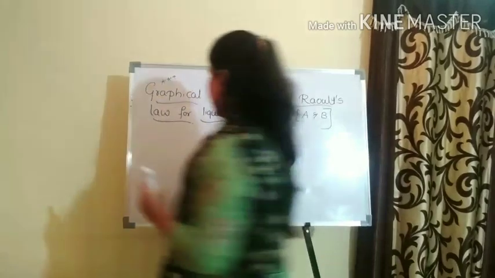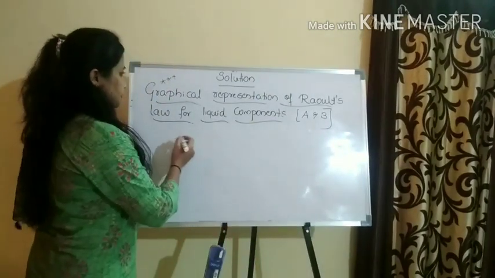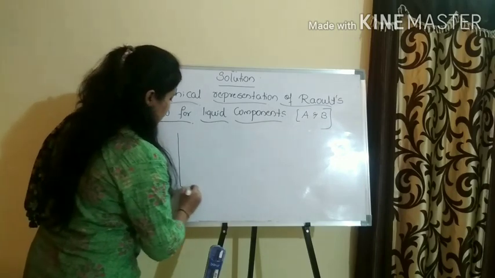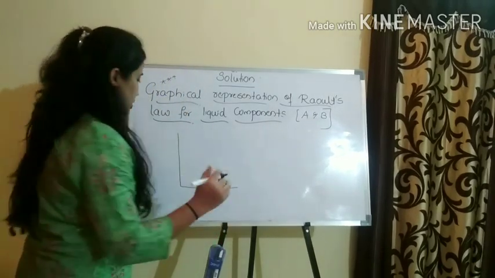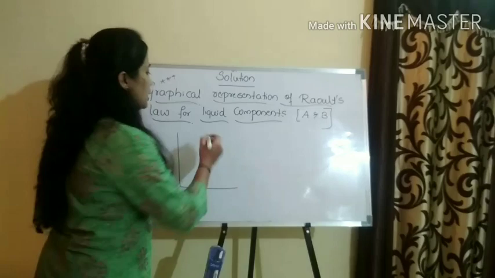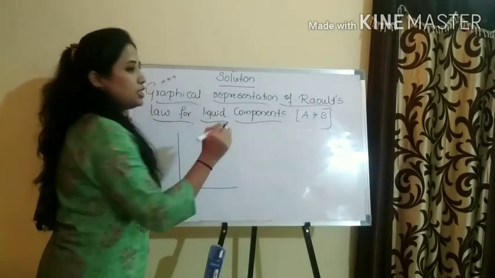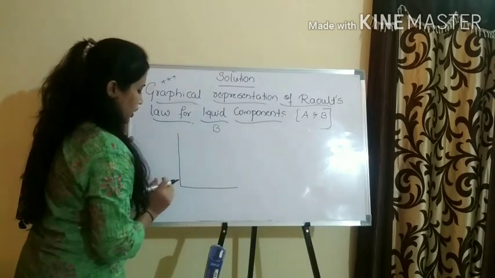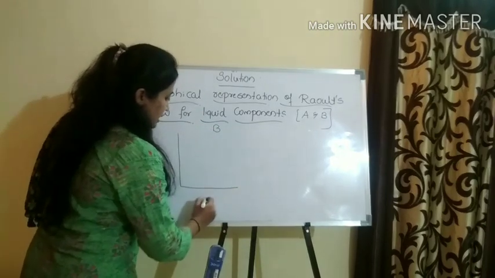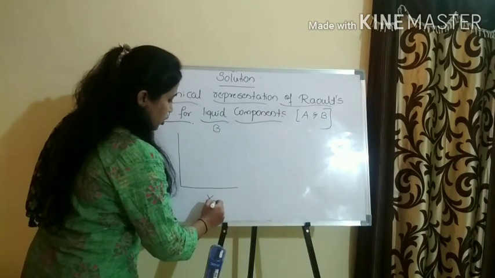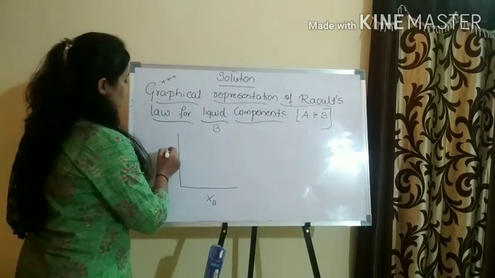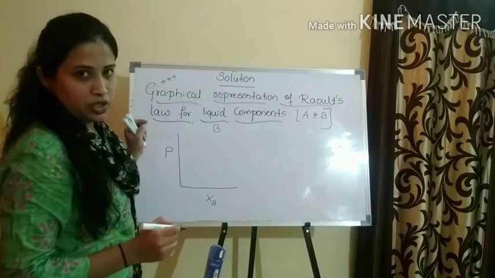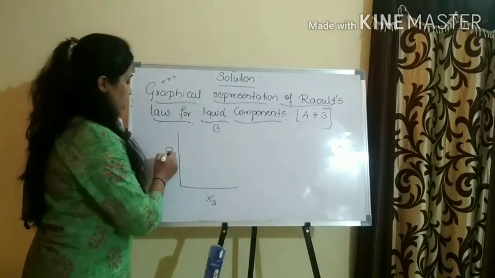Let us take component B, which is still in pure condition. A pure solvent I have taken. So for the B component, the x-axis is the mole fraction of B, whereas the y-axis is the partial pressure, or you could say the vapor pressure, of the B component.